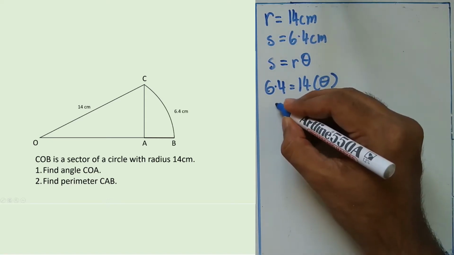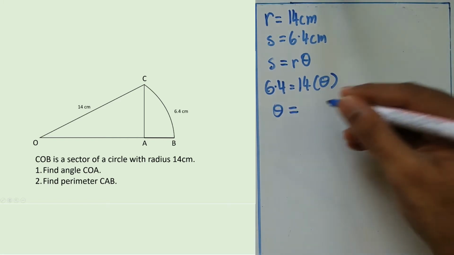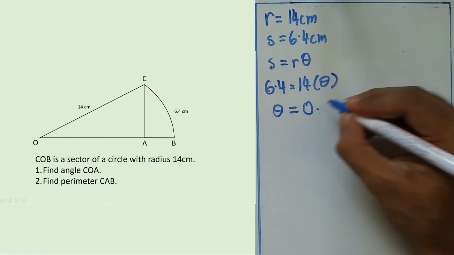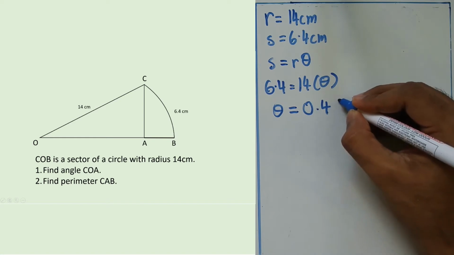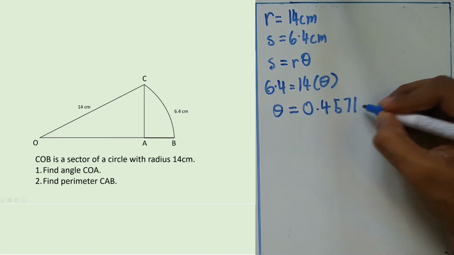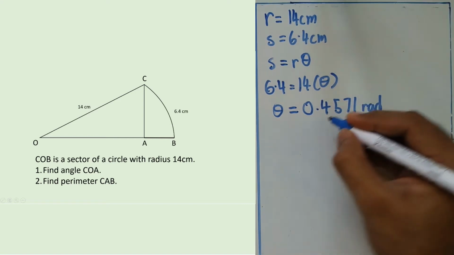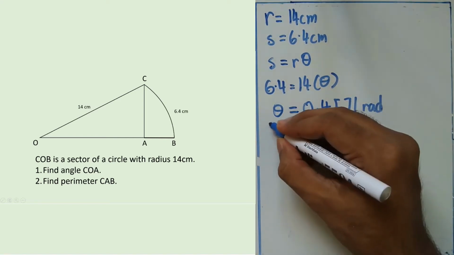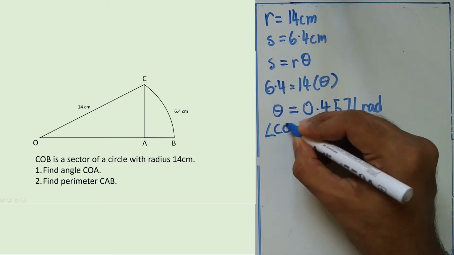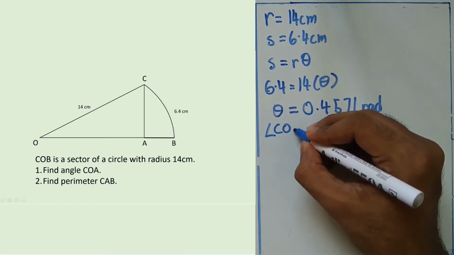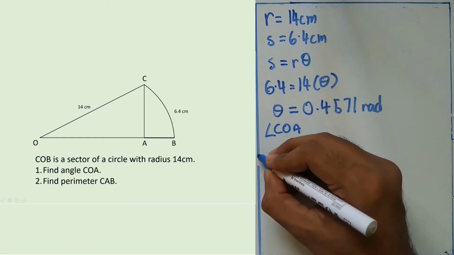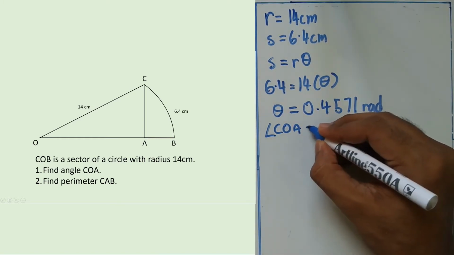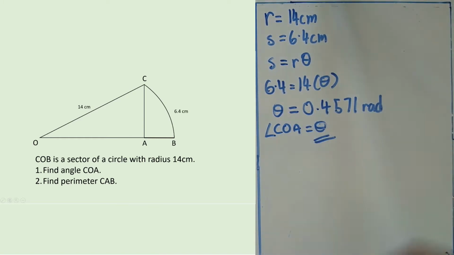Solving it will give theta as 0.54571 radians. This angle theta is the angle for COA. The first sub-question is completed.